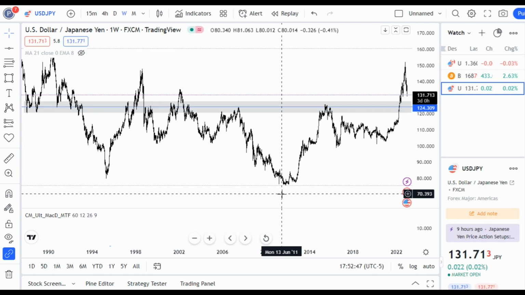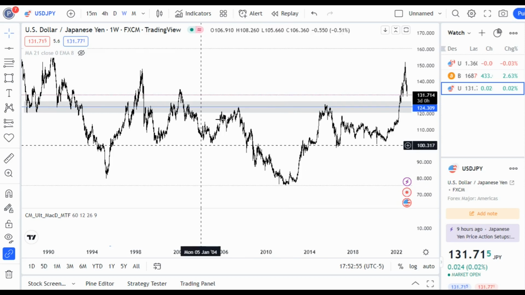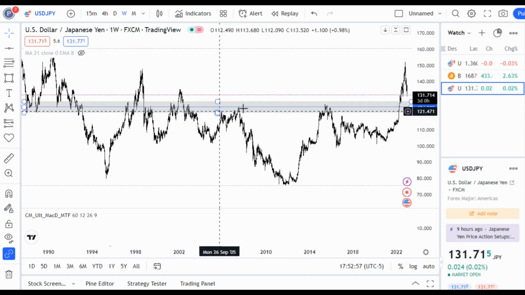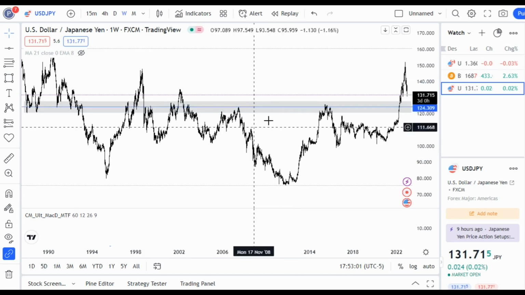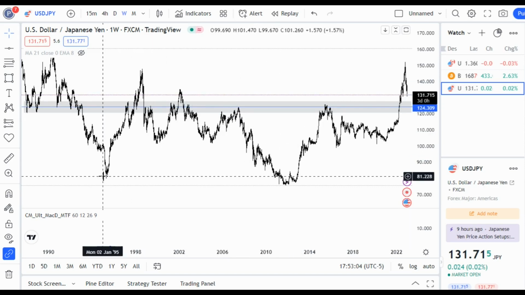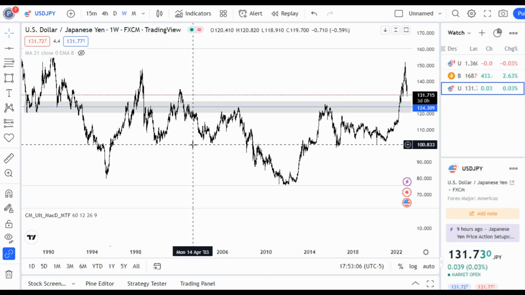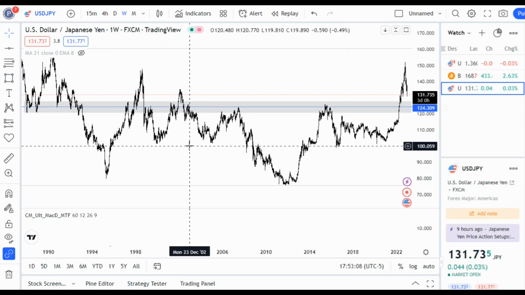Considering these two market structures, you have to know where to draw your accurate support and resistance levels. Assuming this is a range bound market, we have a level here, and maybe another level somewhere here. You can see that the price will be ranging just between these two levels.